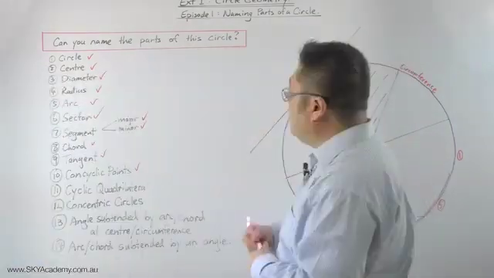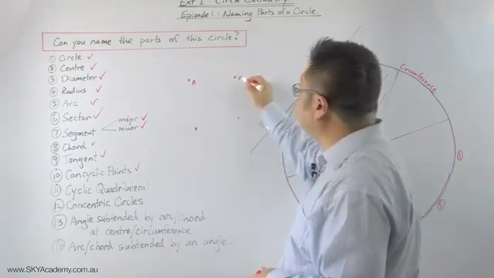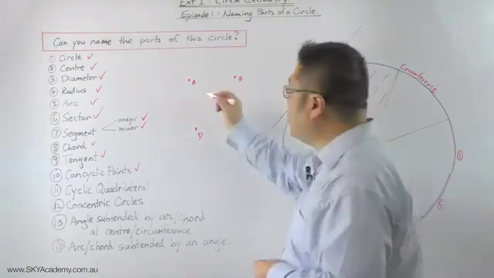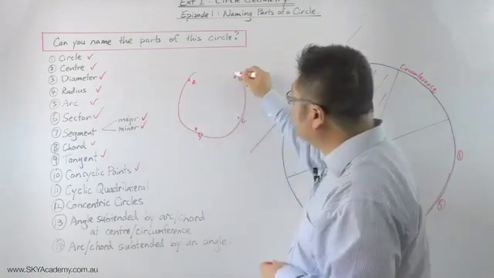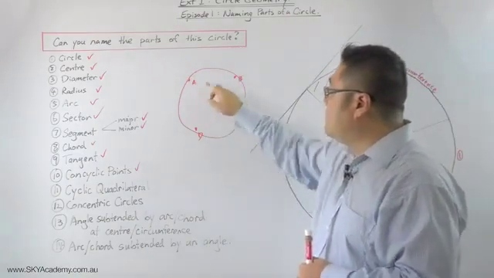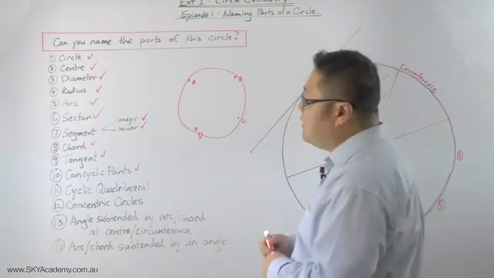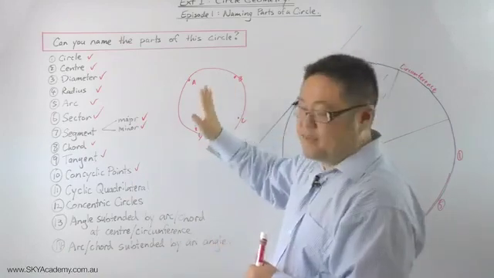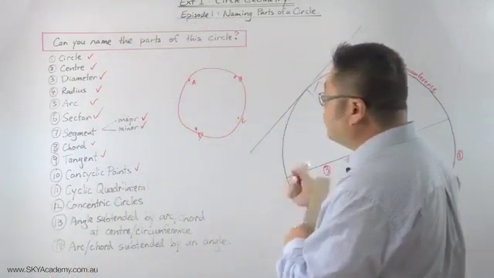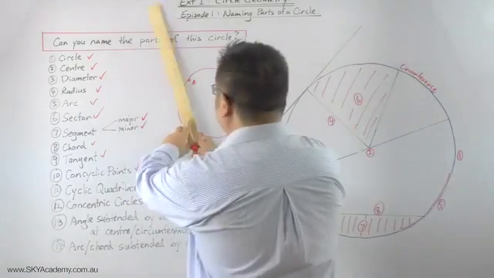So let me give you an example. If you've got 4 points, let's call them A, B, C, and D, and excuse my crude drawing here, but if we are able to draw a circle that passes through all those 4 points, then we can say A, B, C, and D are concyclic, right? Not only are those 4 points concyclic, but if we join up the dots and form a polygon, let's join up A and D, for example.